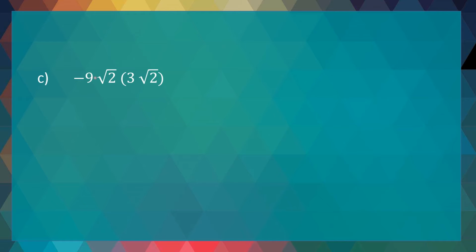Well, that means multiplication. And as we just said, negative 9 square root 2 touching the parenthesis also means multiplication. And then inside the parenthesis, we have 3 square root 2, which is also multiplication. So we have 4 values that are multiplying, so we do need to take the time to reorder them.